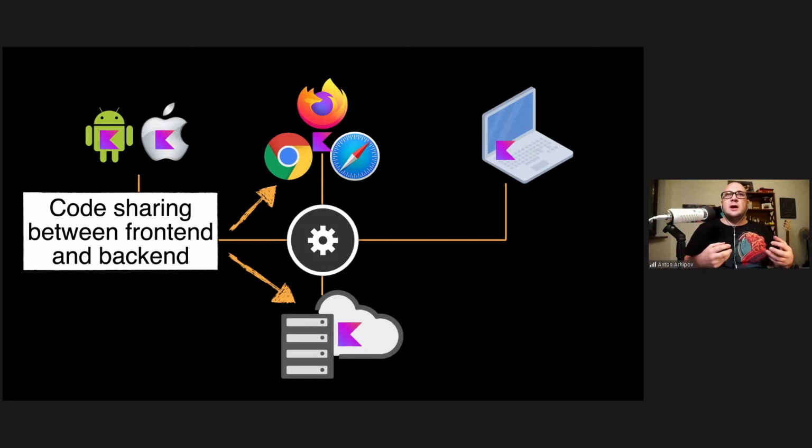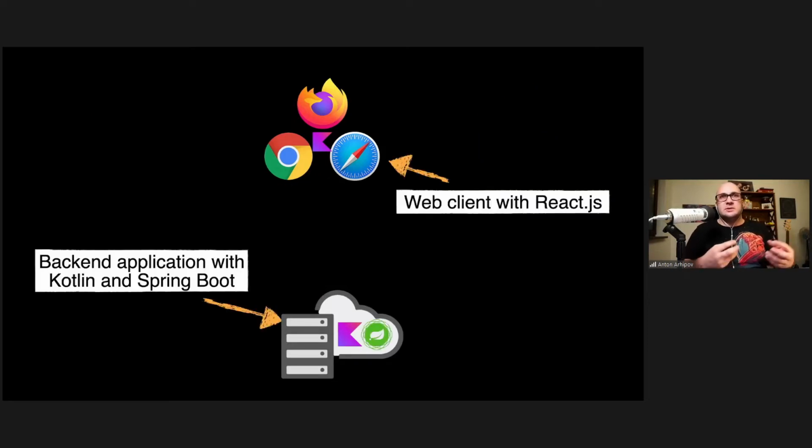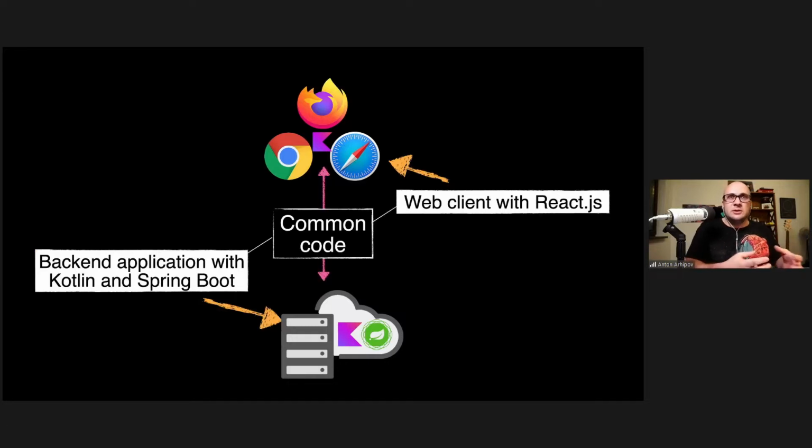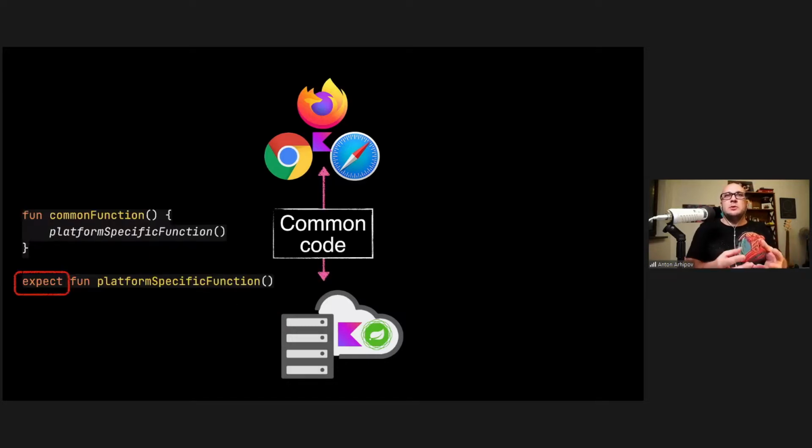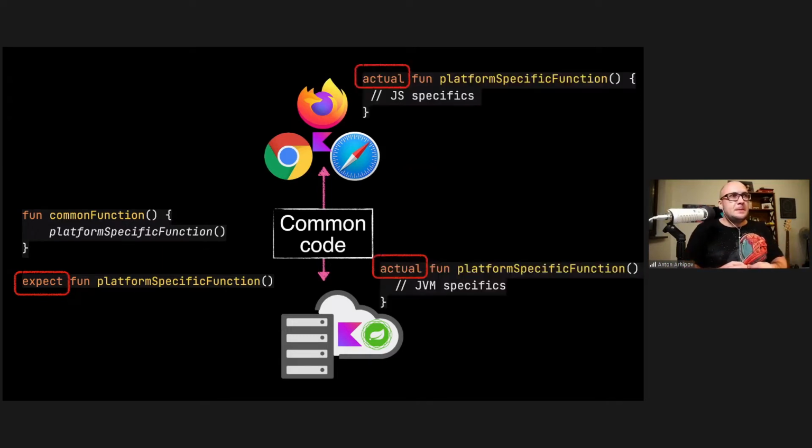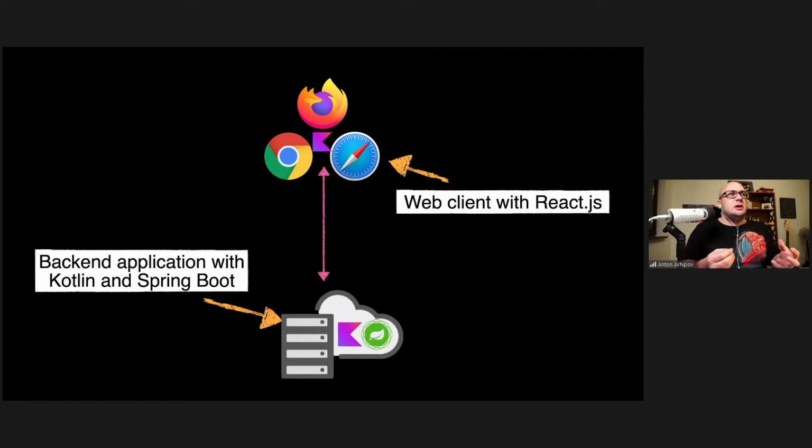So if you have the same language for both the backend and the front end, you can actually reuse the model, and that's already a big win, right? And the language actually gives us the tools for that.